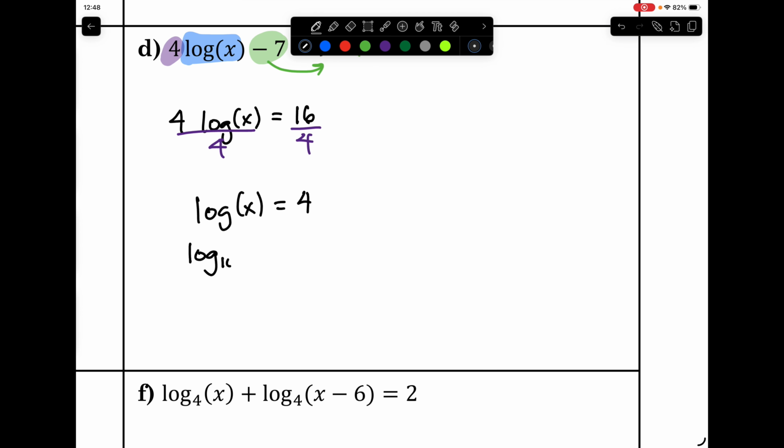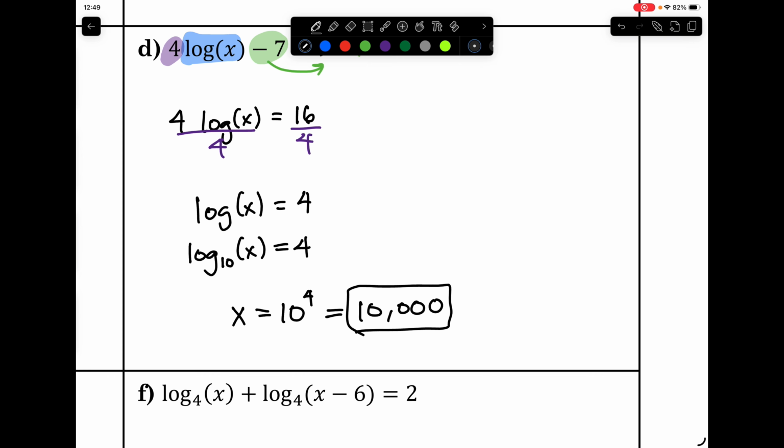So this is log base 10 of x equals 4. So you have to be familiar with what those special notations are for our common log and our natural log. So here the value of x equals simply 10 to the 4th power, which is 10,000. So that right there would be your value.